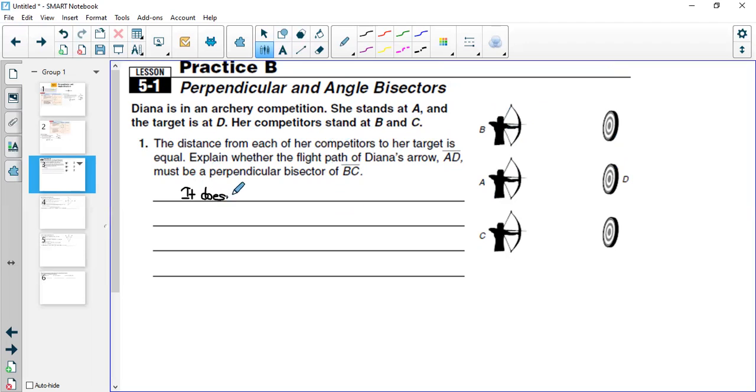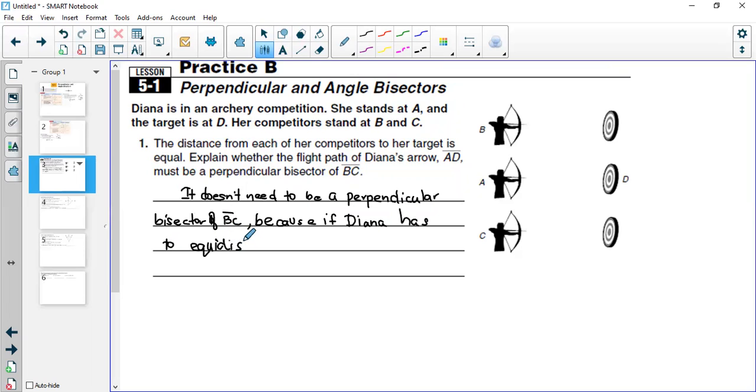You can say it doesn't need to be a perpendicular bisector of BC, because if so, Diana has to be equidistant from her competitors.